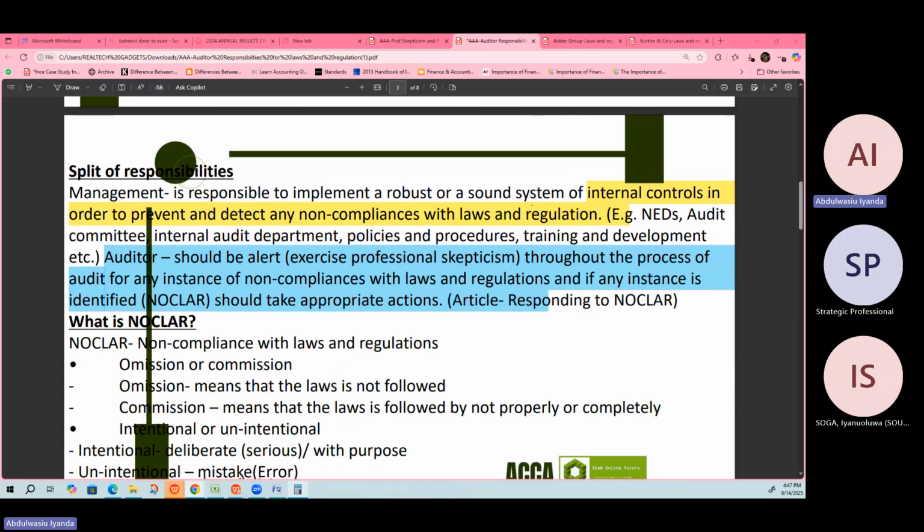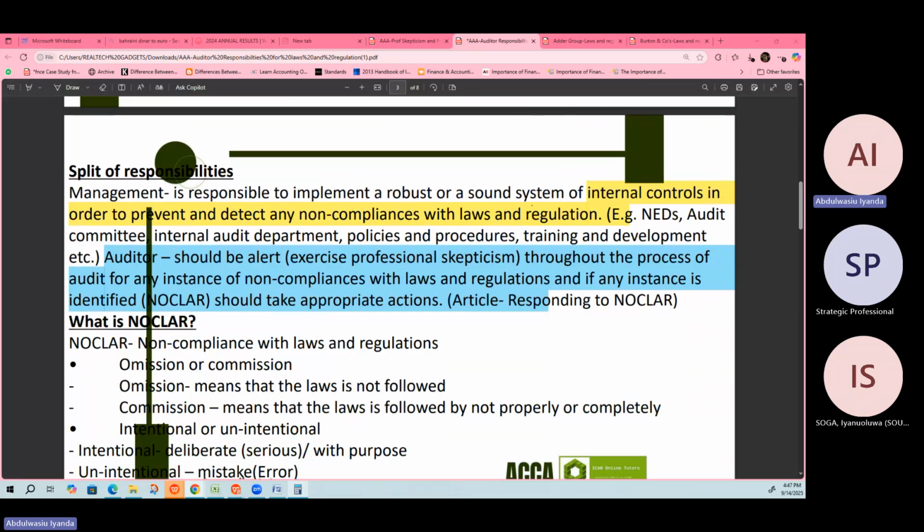So that is one of the responsibilities of the management: set up an internal control system that is working, so that if there's any instance of non-compliance, we're able to detect it.